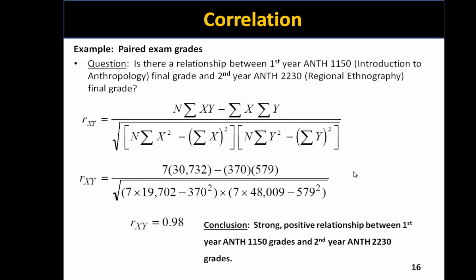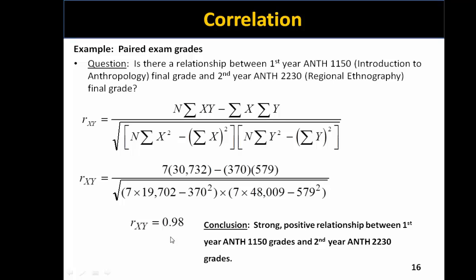So in conclusion, we would say that there is a strong, we say it's strong because it's a value very close to 1.0. This is a very strong correlation, and it's a positive relationship. So it is a positive value. The value could be a negative value.